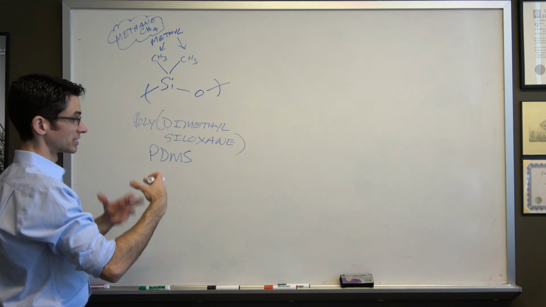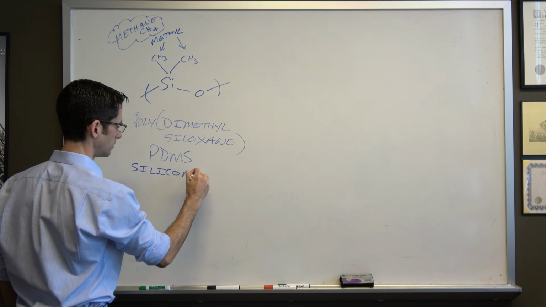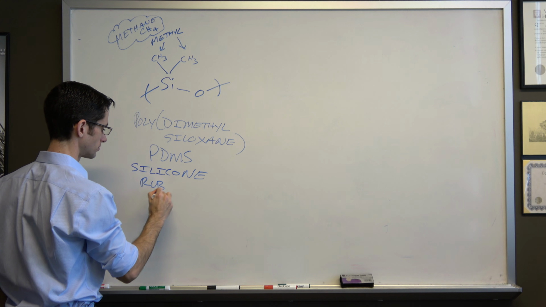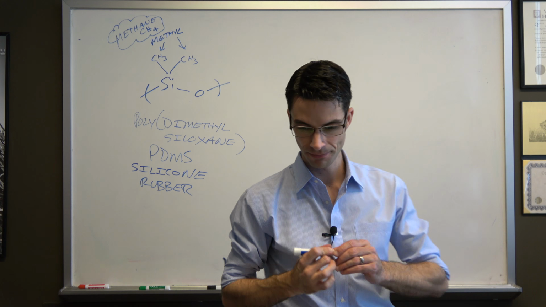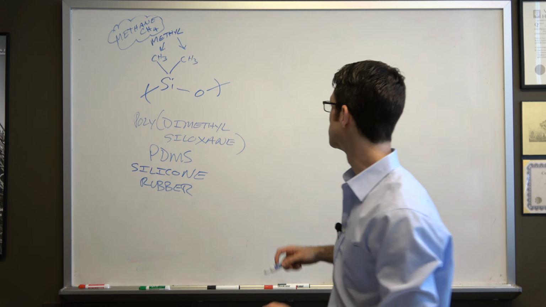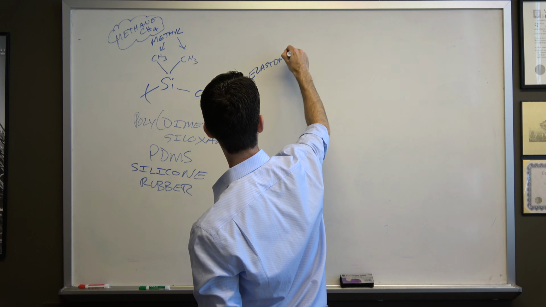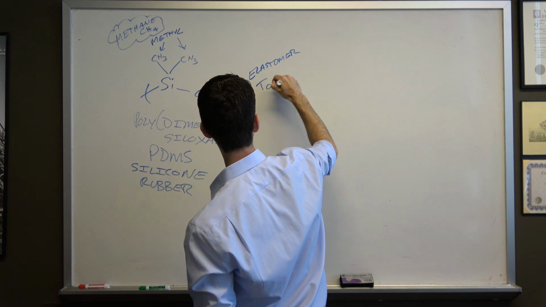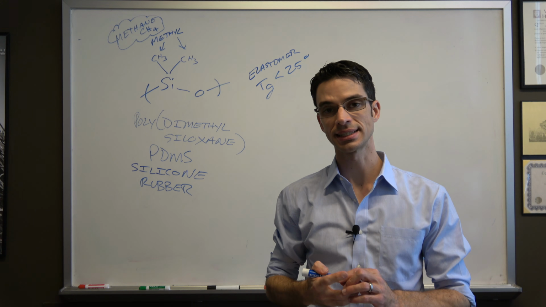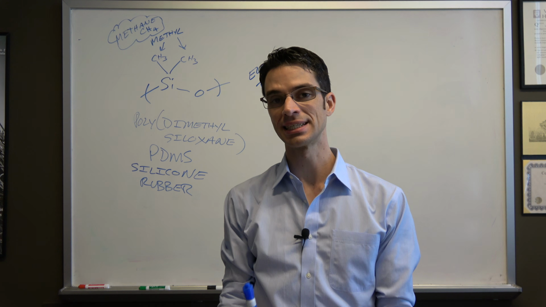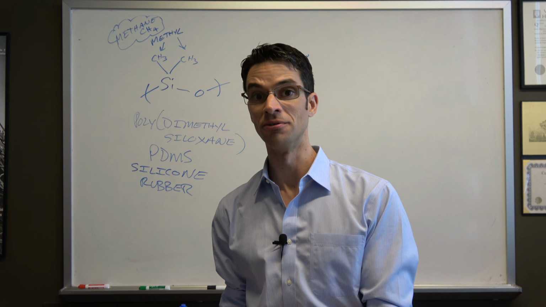But if it's cross-linked, it's called silicone rubber, or just silicone. And we say that this is an elastomer because its Tg is less than room temperature of 25 degrees Celsius. Any polymer can become an elastomer if you are operating above the glass transition temperature of the material.